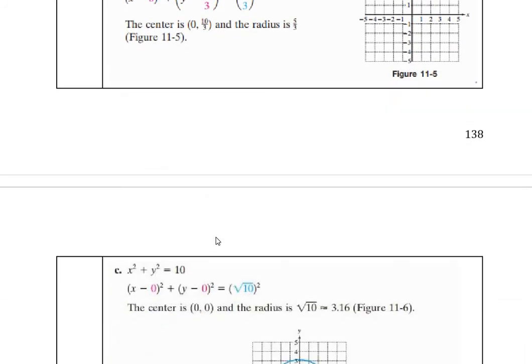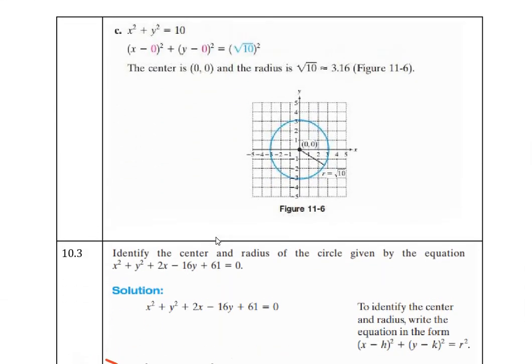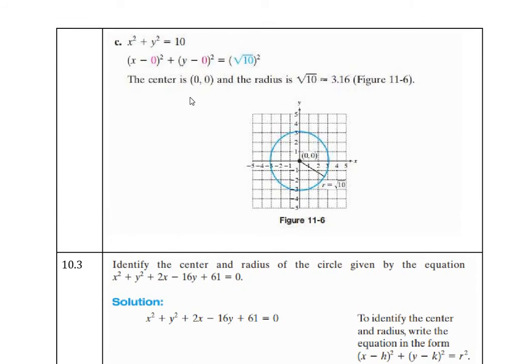I just want to let us go to something else that is very important for this morning. Okay, here in C, it just means if we have something like x squared plus y squared is 10, that's Pythagoras. No? That's just Pythagoras. Now that just means that the center of the circle is (0, 0). Nothing else changes there.